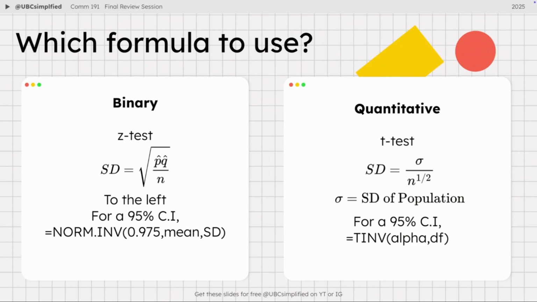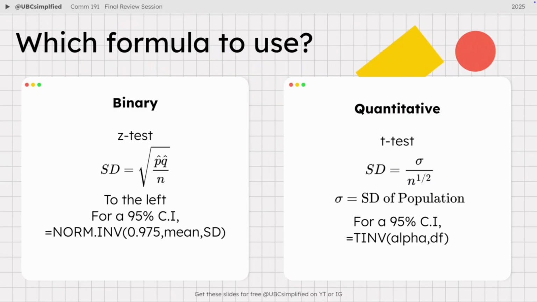You get one p-value, you can calculate the q-value, and you know your n, so you can better calculate the standard deviation, as opposed to a t-test, where you just get the mean of your sample and you don't really know much to calculate the standard deviation. So that's why we use standard error.